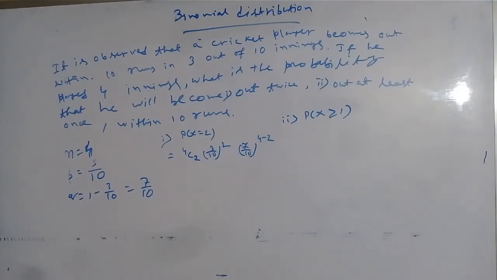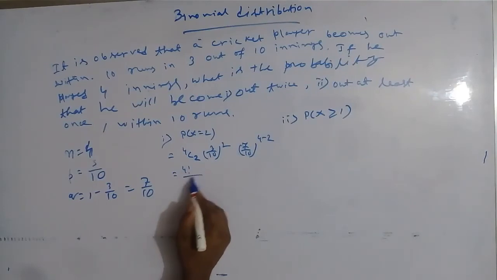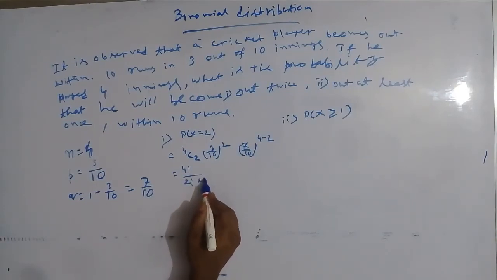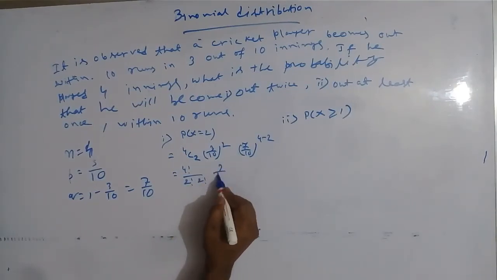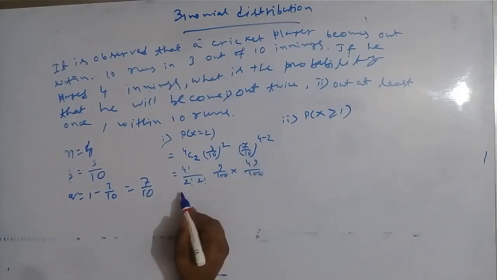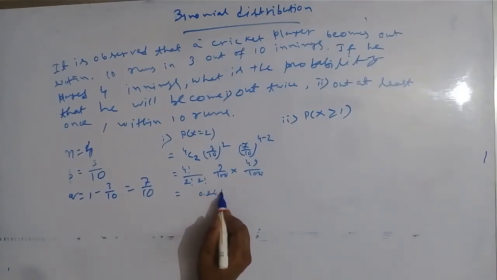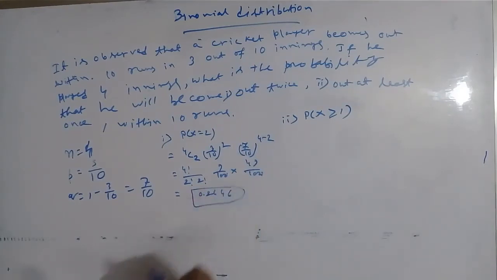Clear? Now this will be 4C2, which is 4 factorial by 2 factorial into 2 factorial, and 9 by 100 into 49 by 100. So if you calculate this, this will be 0.2646. So this is our required probability, 0.2646.